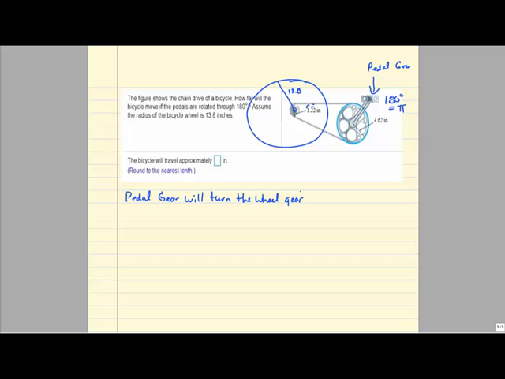And it's going to turn the wheel gear through some arc length. I'm going to say it's unknown at this point. We're going to figure it out. So it's going to rotate it through some unknown arc. And the bicycle wheel will move through the same arc as the wheel gear.